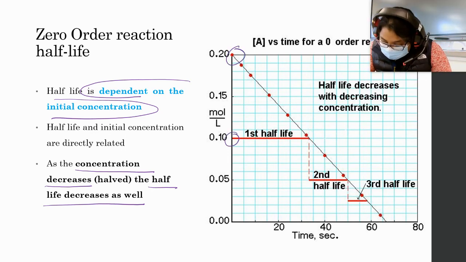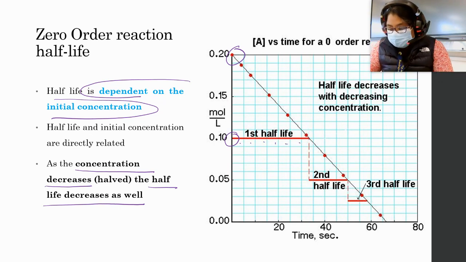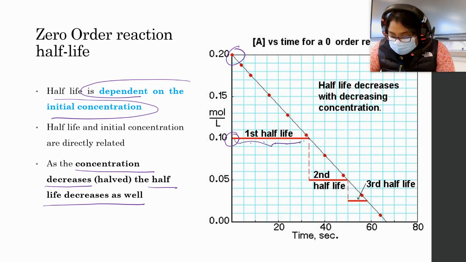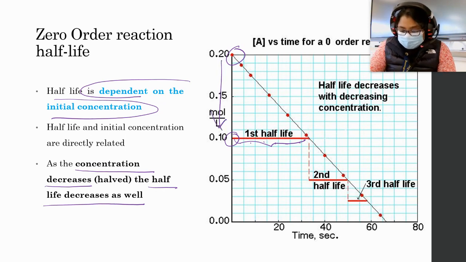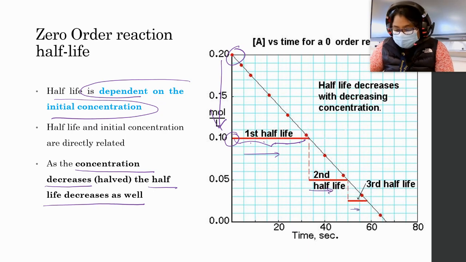Your first half-life, I don't know how many squares this is, 1, 2, 3, 4, 5, 6. This is in 20, 20, 40, 60, so whatever. So here's your first half-life. It's long. And then the second half-life is half of that, and then the third half-life is half of that. So as the concentration falls down, the half-life gets shorter and shorter and shorter.